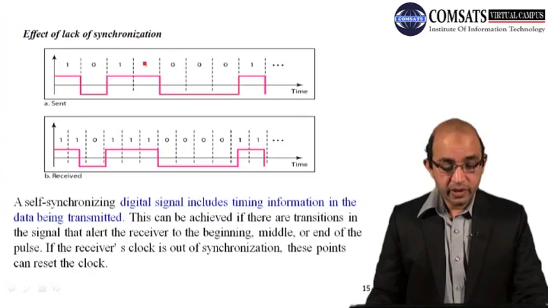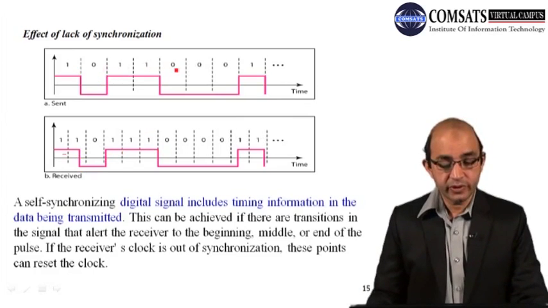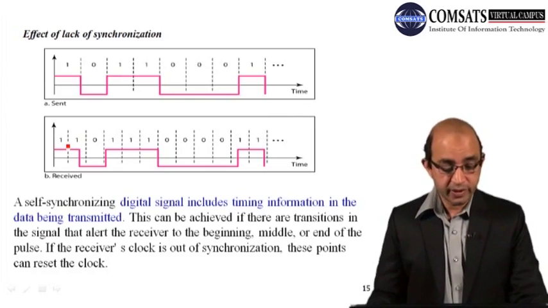If the clock at the sender side is not properly synchronized with the receiver side, then you can see the problem. It will take this as 1, and here we have 0, 1, 1, 1. If you look at the data only, 1, 0, 1, 1, 0, 0, 1, you can see how the receiver is interpreting this data because they don't have proper synchronization.